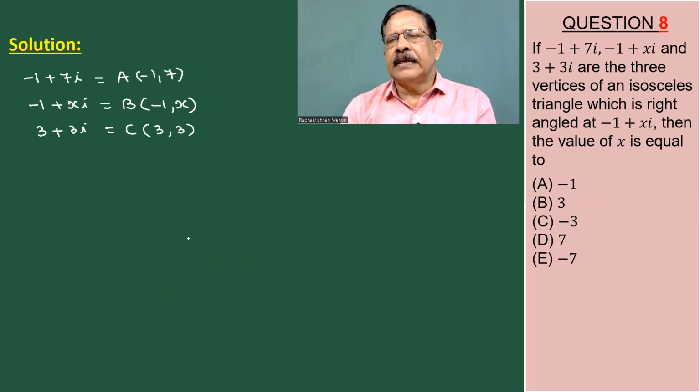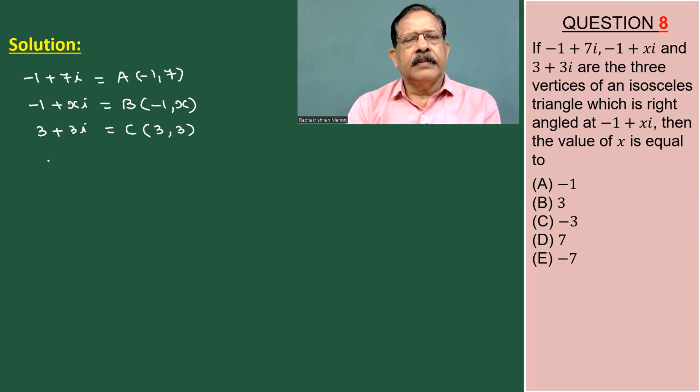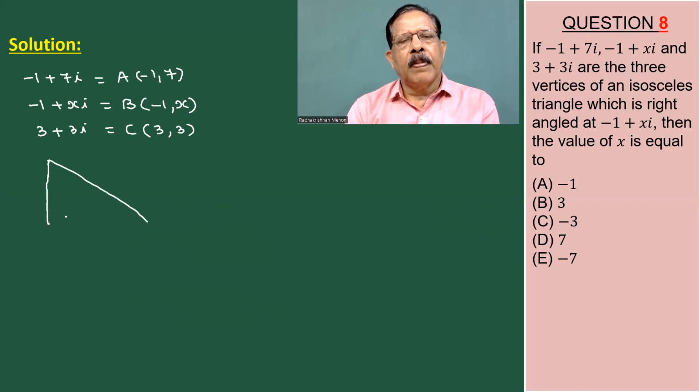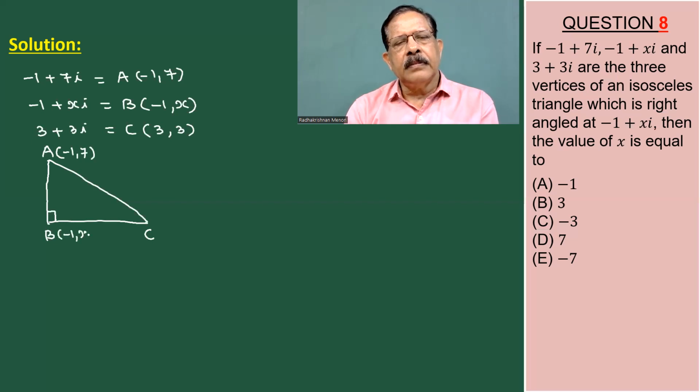It's a right angle triangle, right angled at B. So let us draw the triangle. Right angle at B. Let's call this vertex A, let this be C. So the coordinates of A are minus 1, 7. B are minus 1, x. C are 3, 3.